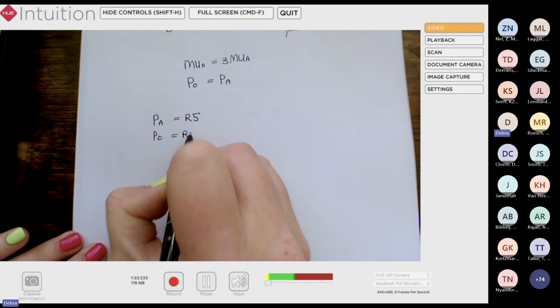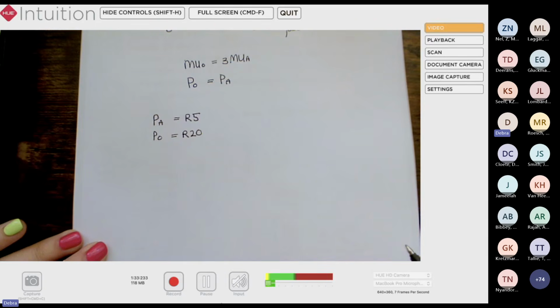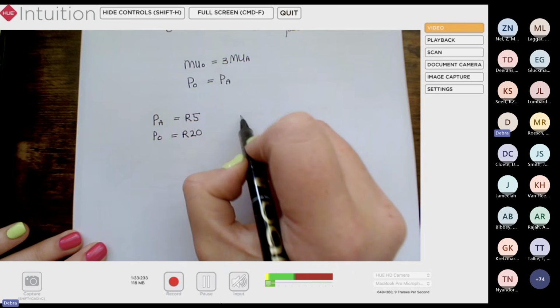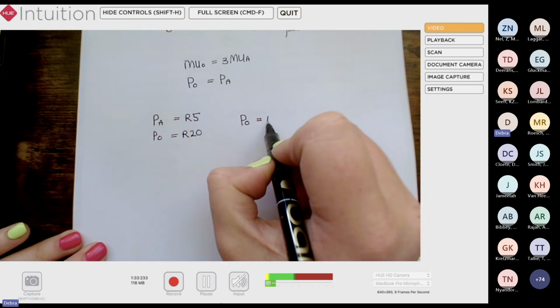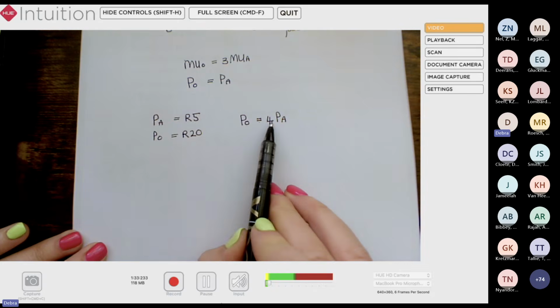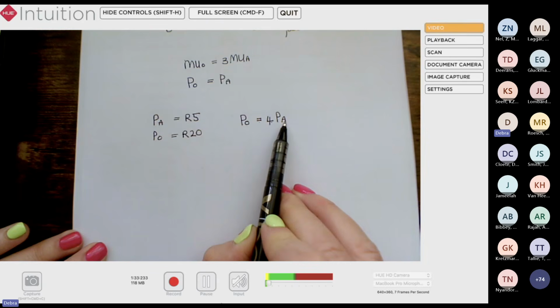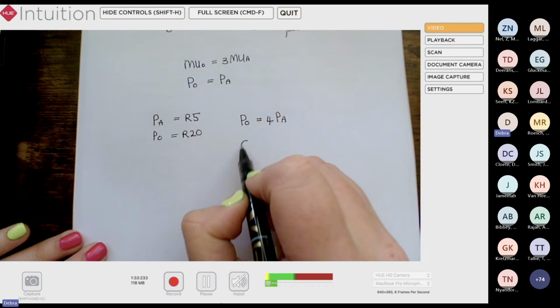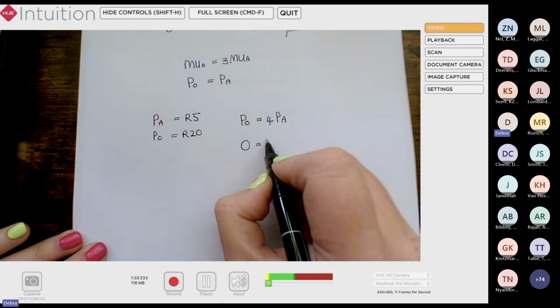What this tells us now is that when I buy an orange juice, I could have bought 4 apple juices instead. So the price of an orange juice is equal to 4 times the price of an apple juice. So 1 orange juice in cost terms is worth 4 apple juices.